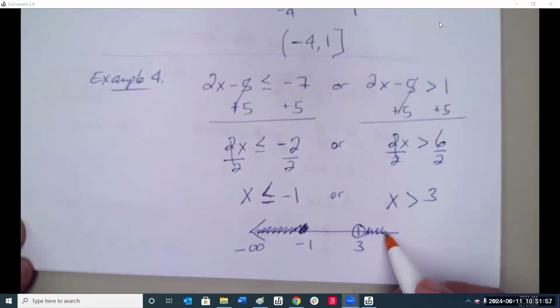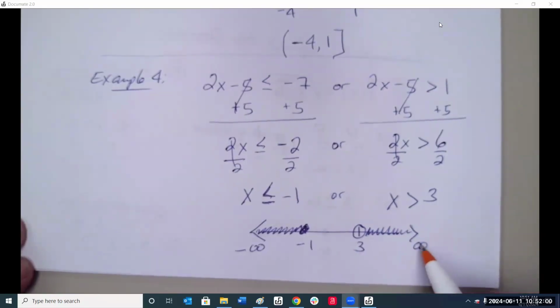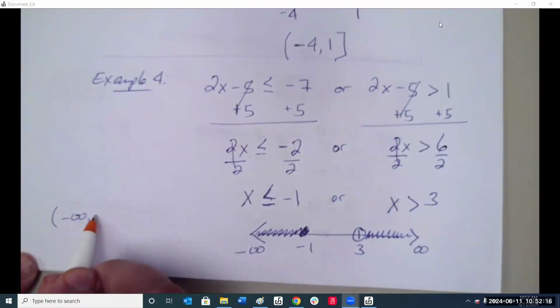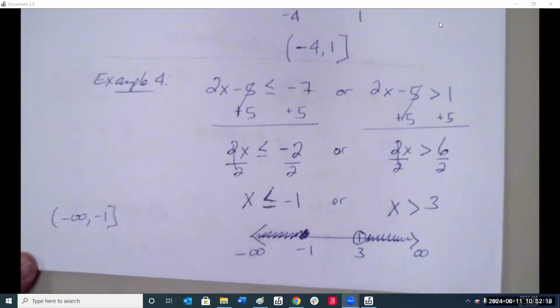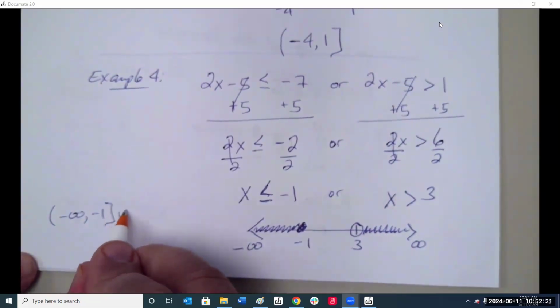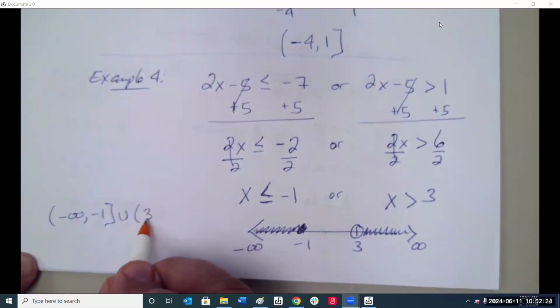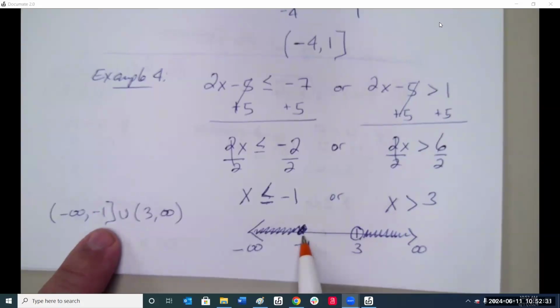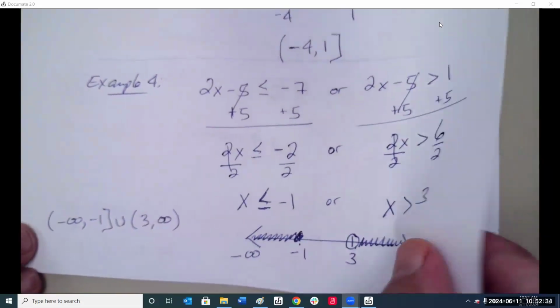And x is greater than 3, so it goes to the right. In interval notation, it would look like negative infinity to negative 1 bracket, union, open 3 to infinity open. Remember, if it's an open circle, it's a parenthesis. If it's a closed circle, it's a bracket. And infinities are always parentheses.